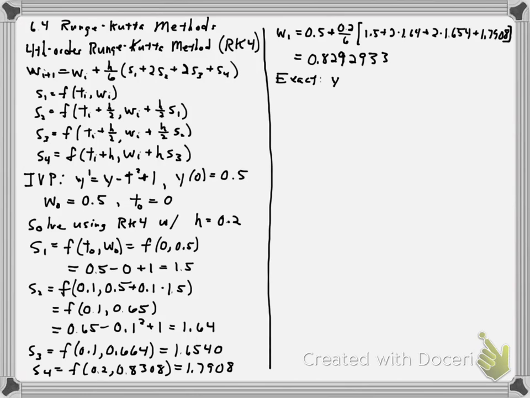So y of 0.2, which in this case we're calling y sub 1, exact is 0.892986.